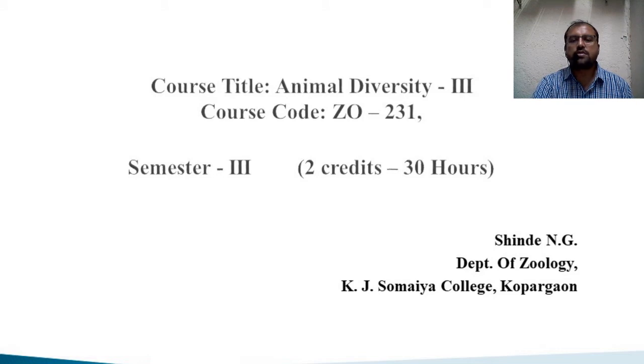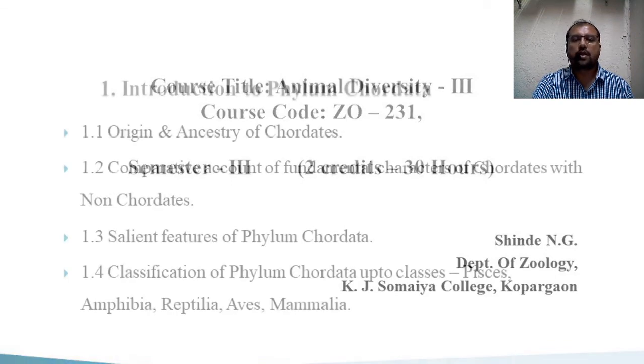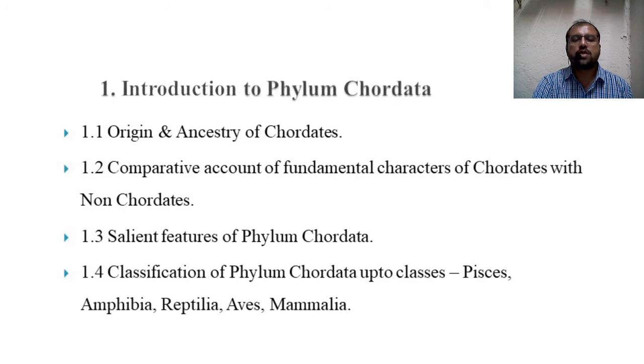Now after this marking pattern, we will move towards the syllabus of Animal Diversity Third. It has different topics. The first topic deals with the introduction to phylum Chordata. In Animal Diversity Third, we are going to deal with the systematic arrangement of the chordates, or the classification of chordates.